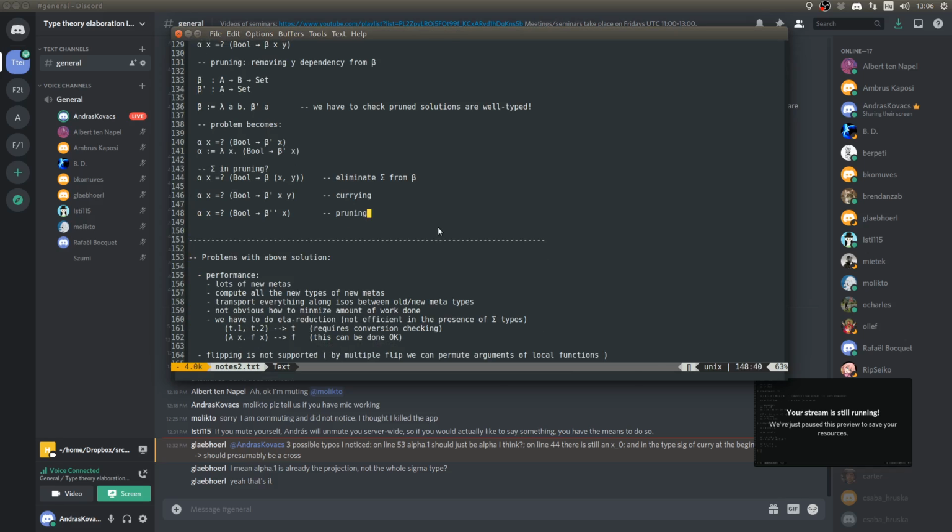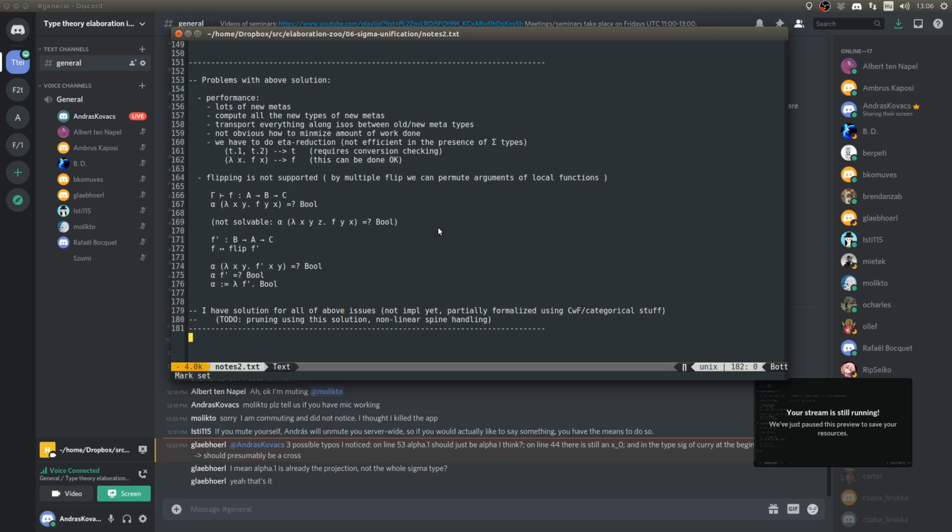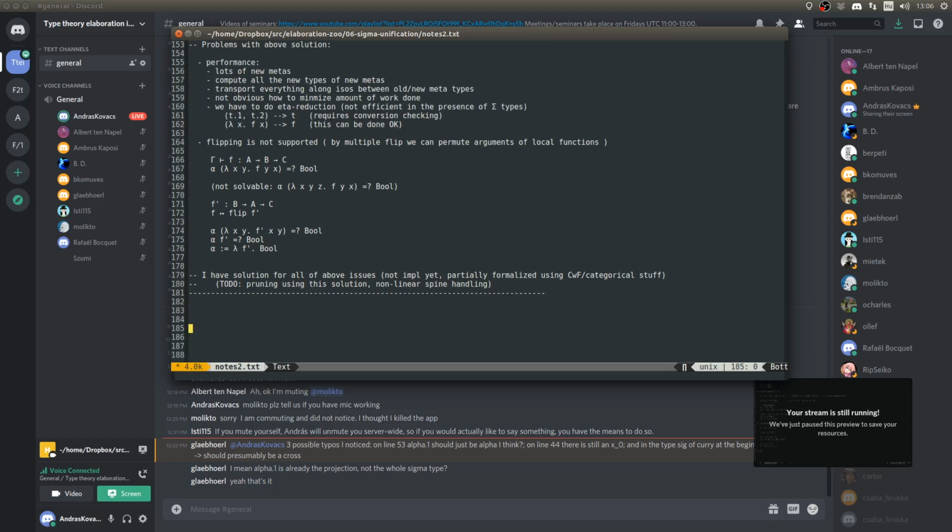Okay, and this is what I have not yet figured out in the new solution. But let's give some intuition for the new solution, or some kind of history of what I tried to do. So first I looked at, there was a suggestion by Olaf, pattern unification with extended patterns or something like this.